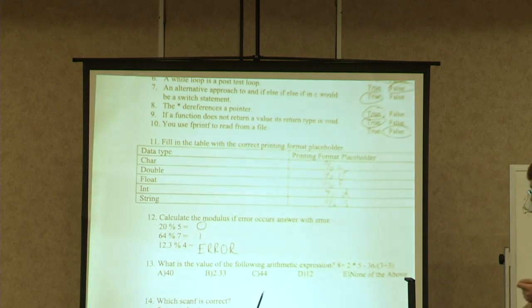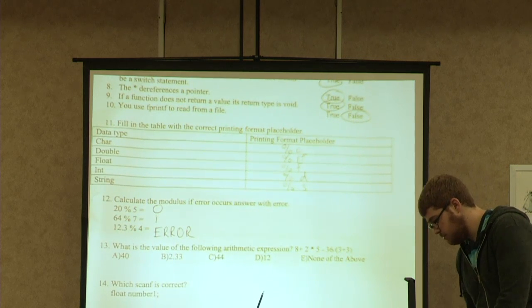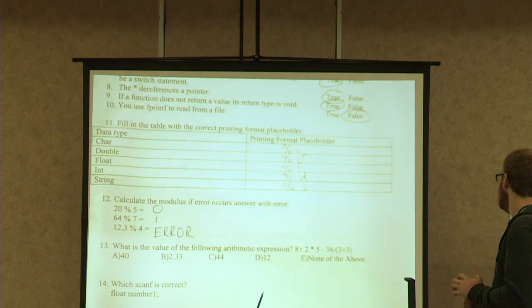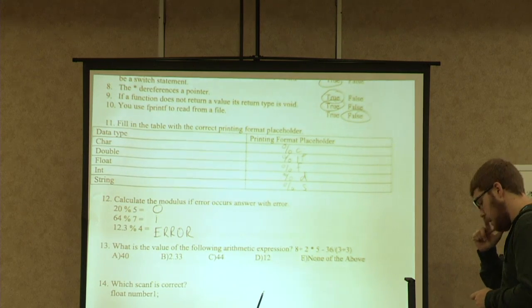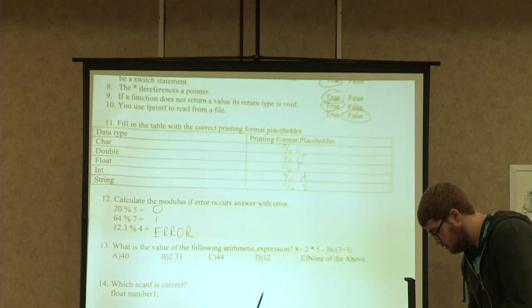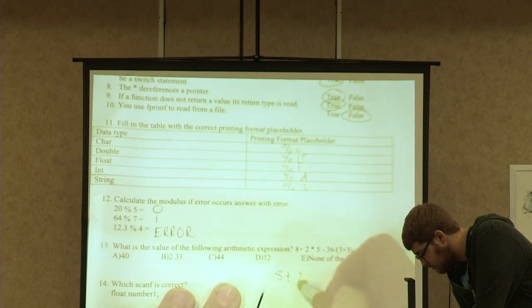Okay. This one is, what is the value of the following arithmetic expression? We have 8 plus 2 times 5 minus 36 divided by, in parentheses, 3 plus 3.